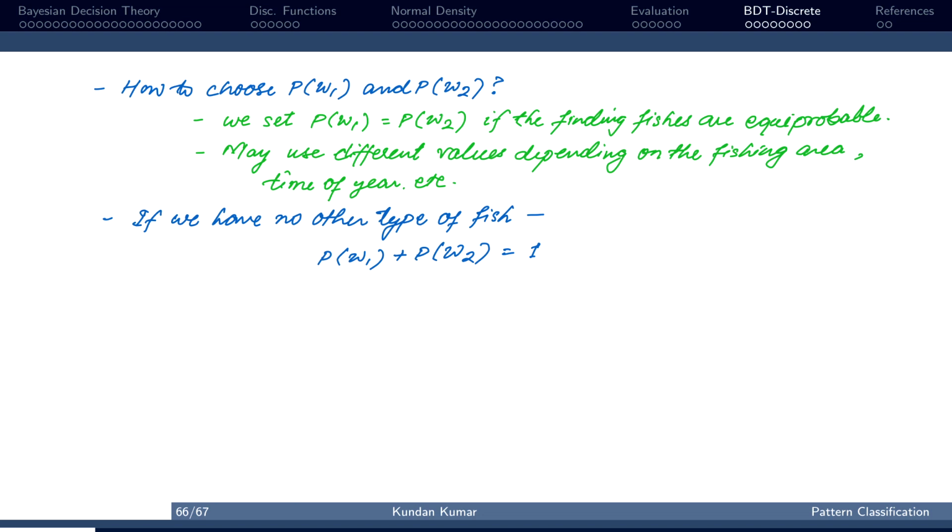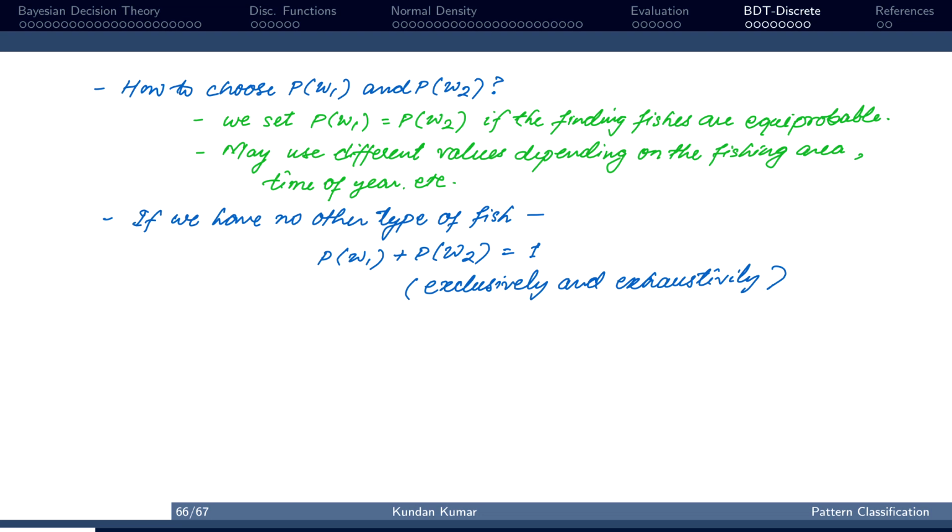That is why it is exhaustive, and it is exclusive because the summation of the probability of these two fish is equal to 1. So based on this prior information, we can make the decision.